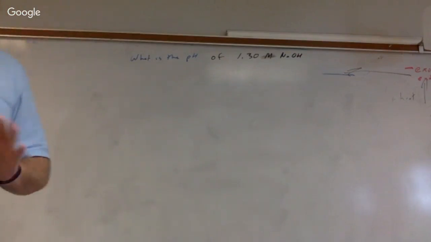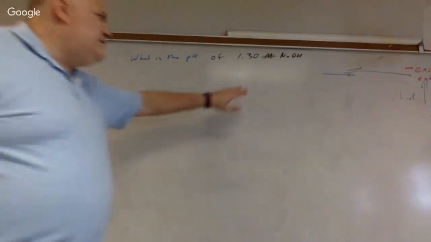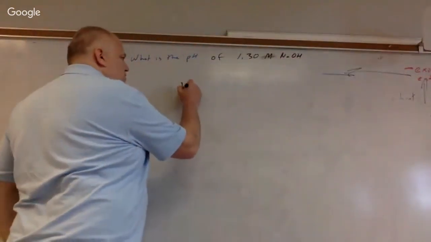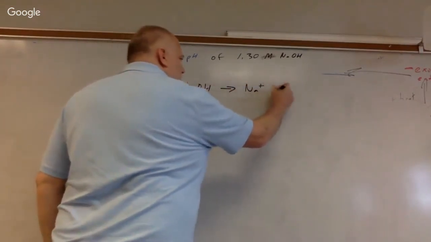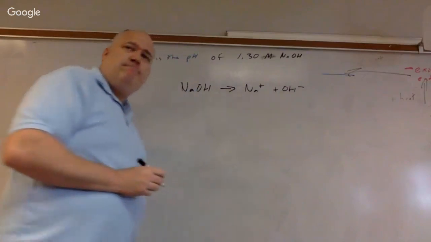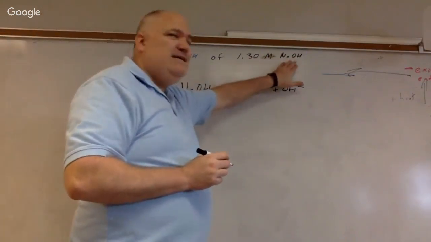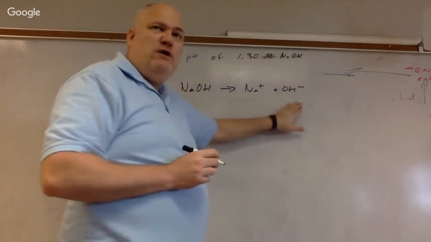Now, I'm not going to set up an equation for this because I just want to do proof of concept here for you. This is a strong base, which means that it will 100% break apart. So NaOH will break apart into Na plus and OH minus. Agreed? So whatever my concentration is of my base overall, won't that be the concentration of both my Na plus and my OH minus?